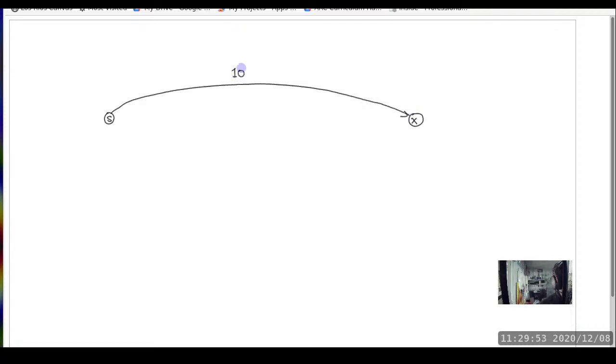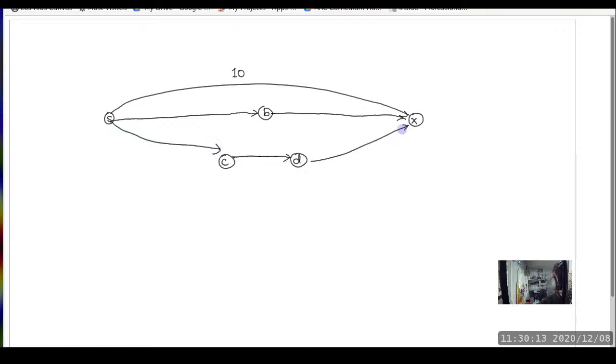Okay. And then we'll make another vertex here. Here's vertex B. And vertex S goes to vertex B, and then vertex B goes to the destination. And then we have vertex C over here, vertex D over here. All right.